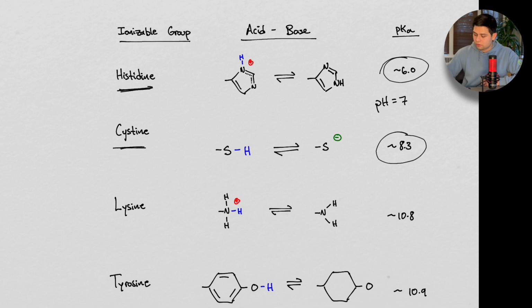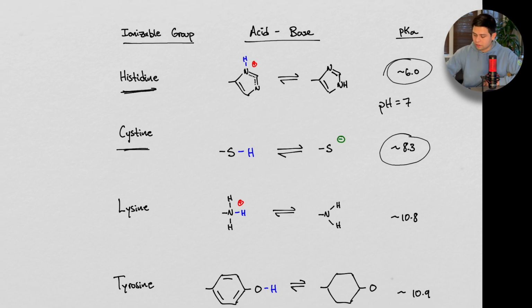At a pH of 7, we're going to favor one side of these two guys, and at a pH of 8 we're going to favor one side here, and the opposite side here. Okay, and so that's going to be the topic for the next video.